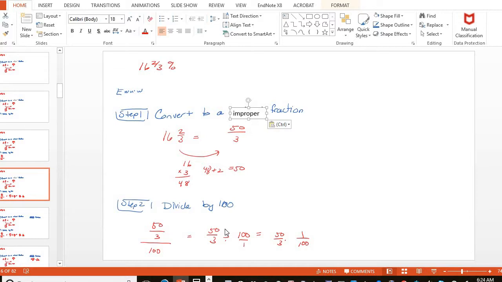So when I divide 50/3 by 100 over 1, what I'm supposed to do is invert the second number and multiply those fractions. So this is what we call a multi-step problem, and it involves reaching back into 5th grade math and pulling some stuff to use it here.